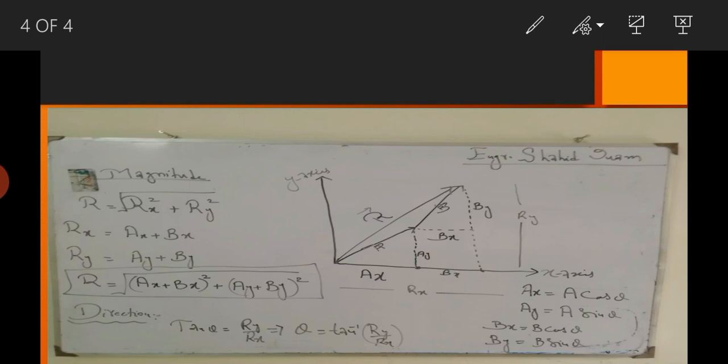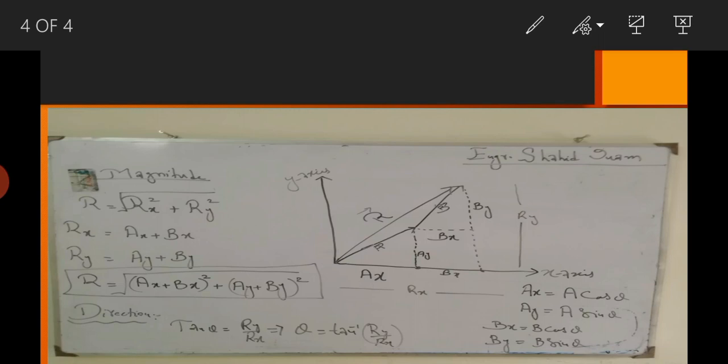Similarly, for ay, we have the trigonometric equation sin theta is equal to perpendicular divided by hypotenuse, and here the perpendicular is ay and hypotenuse is A, so sin theta is equal to ay divided by A, and the final equation will be ay is equal to A sin theta.